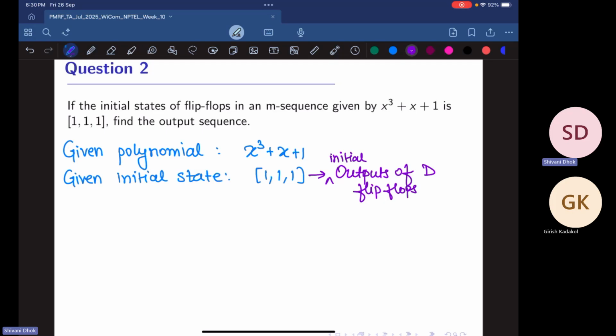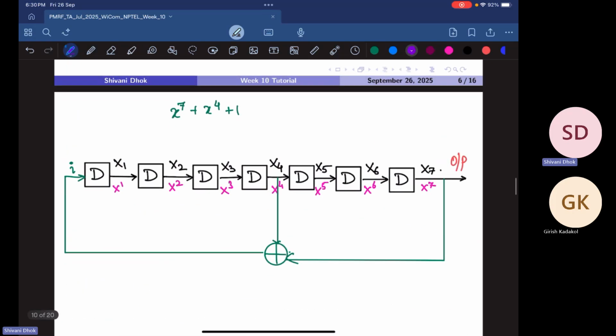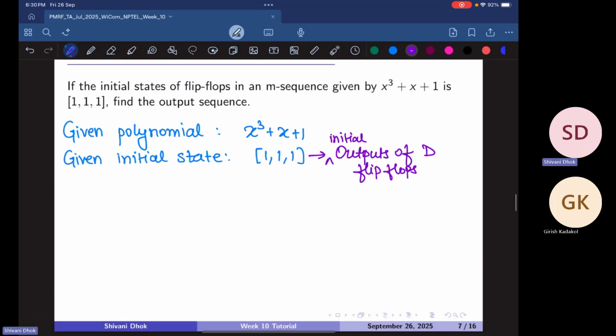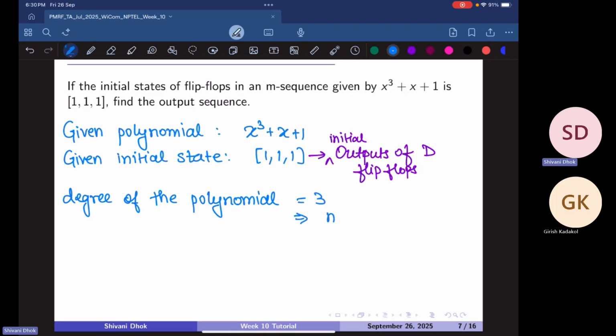Now again, we'll first construct this forward shift register representation, and then we'll see how exactly the sequence can be constructed. Here the degree of the polynomial is 3, which means that we need 3 flip-flops.